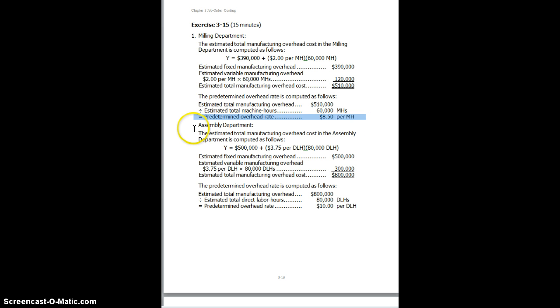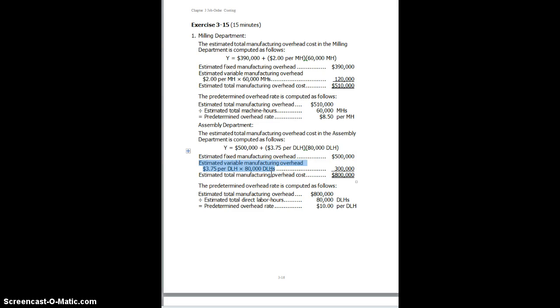We next do the same thing for the assembly department. The only thing that's different here is that instead of using machine hours as a driver, we're going to use labor hours. Our estimated fixed manufacturing overhead in the assembly department is $500,000. Our estimated variable manufacturing overhead is $3.75 per direct labor hour.